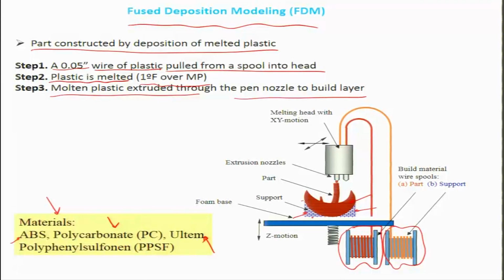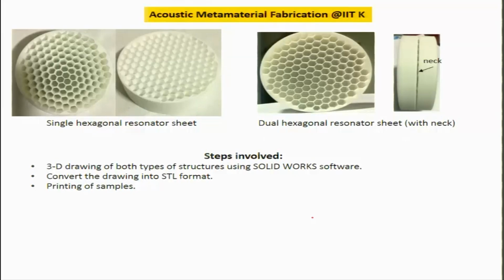This is all part of the package which comes with the FDM tool, through which you can design supports in an optimized manner, wasting as little material as possible. Generally the FDM process is quite instrumental in printing many complex structures and geometries these days. These are a set of single hexagonal resonator sheets.